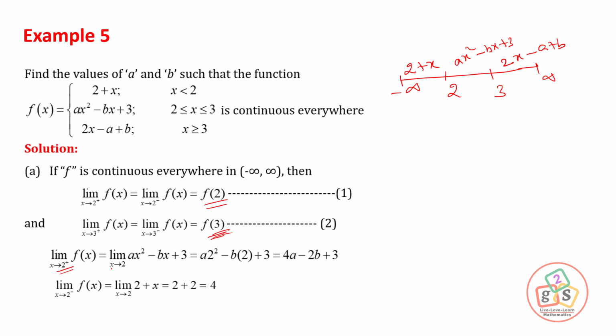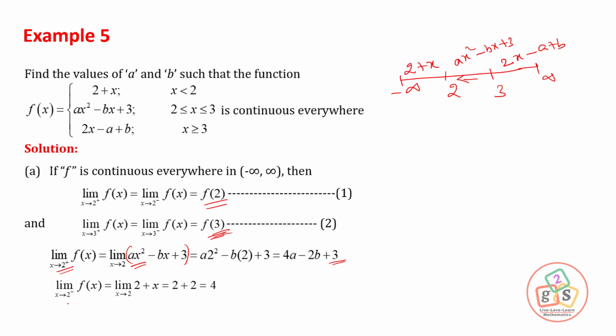Above 2, the function is ax squared minus bx plus 3. Putting x equals 2, we have a into 2 squared minus b into 2 plus 3, that is 4a minus 2b plus 3. So this is the right hand limit at x equals 2.